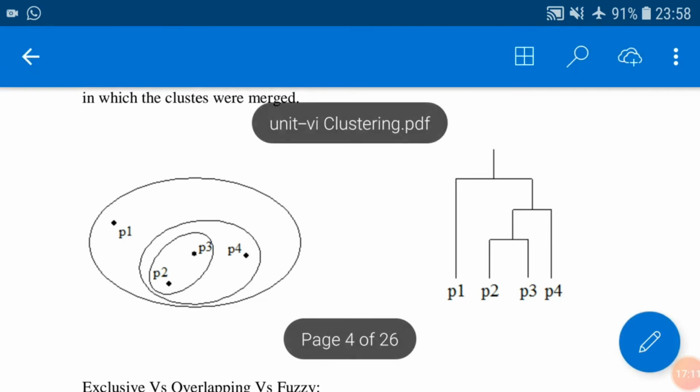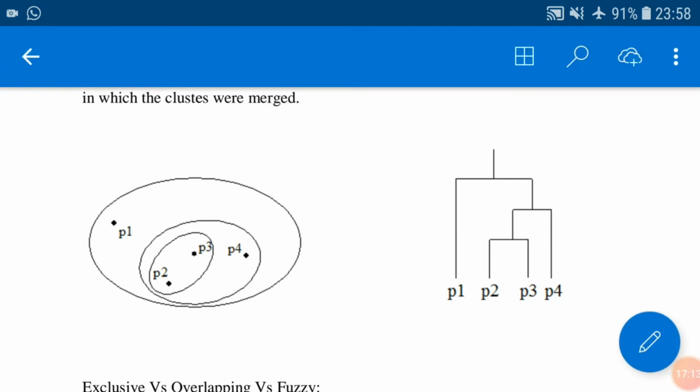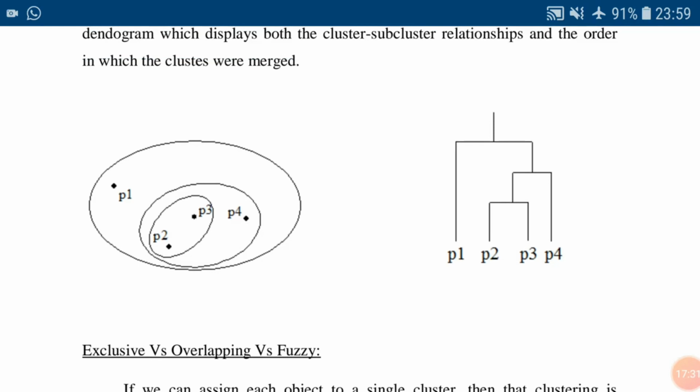But in hierarchical clustering, the data elements within one cluster are related to other clusters also. The data elements are related to more than one cluster at a time. That is hierarchical clustering. We have seen the dendrogram representation.